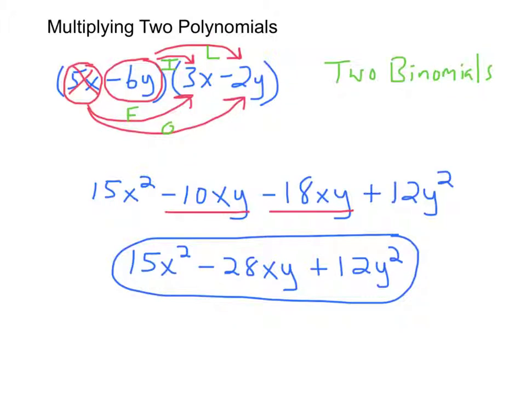And when we wrote the answers down, the 15x squared was really the firsts, and the negative 10xy was the outers, and the negative 18xy were the inners, and then the plus 12y squared were the lasts. And that spells the word FOIL. And sometimes FOIL is used to represent that kind of a problem where you're multiplying two binomials together.